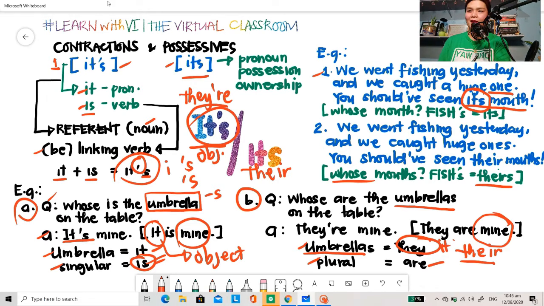On the other hand, if you are working with "its," not the contracted version, but the possessive version, what you are looking at here really is not the object anymore, but the quality or the ownership or the possession of that quality, of either a subject or an object. Okay? So I hope that is clear. And the next time you use "it's" in its contracted version and "its," the possessive one, you know how to differentiate the use and the function of the two from each other.